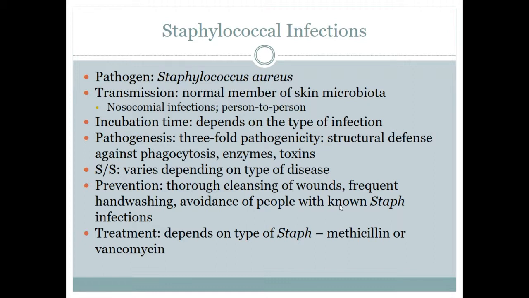Prevention: hand washing, of course, and avoiding close contact with people with a known staph infection. And the treatment really depends on the type of staph. A lot of times once a Staphylococcus aureus infection is detected, an antibiotic sensitivity test is done to determine what antibiotics can be used to treat it.